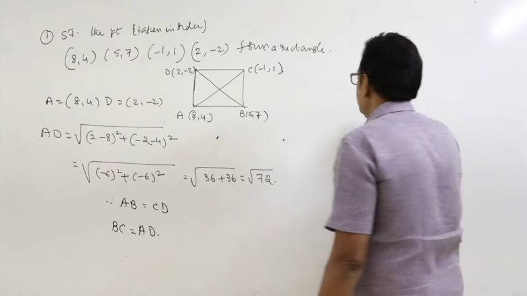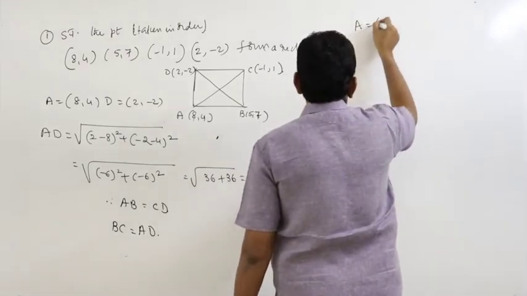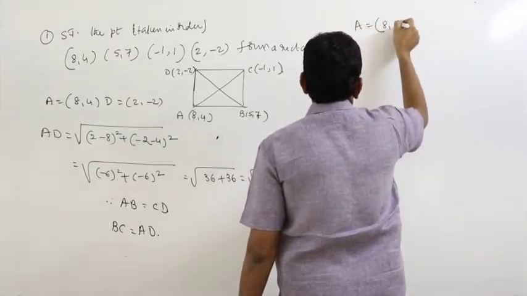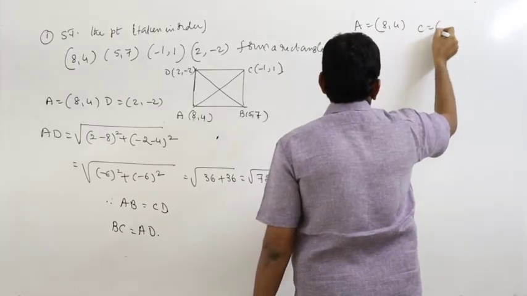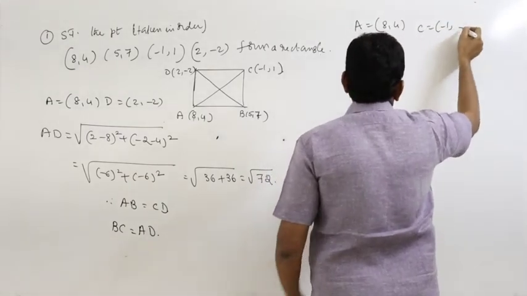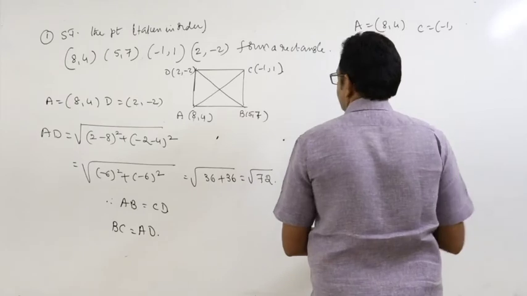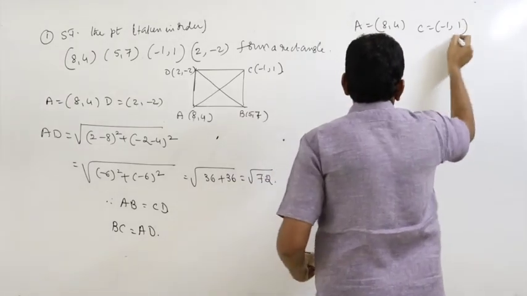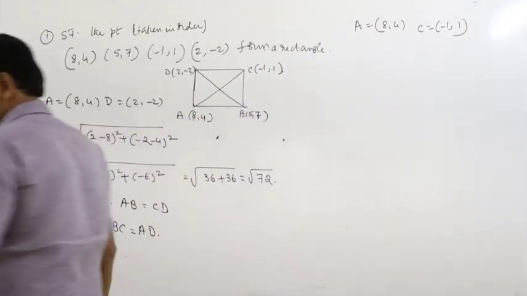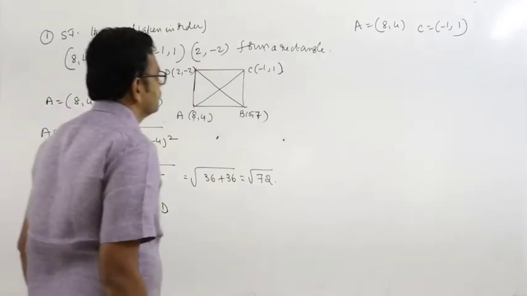Now, A is equal to (8, 4), C is equal to (−1, 1).